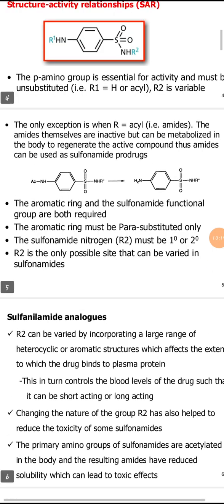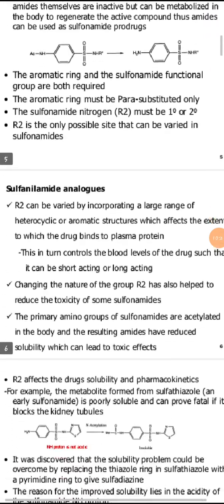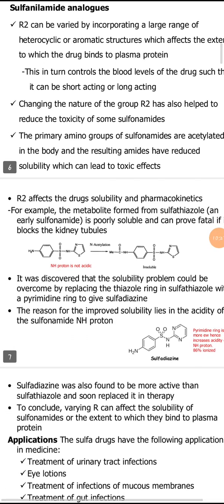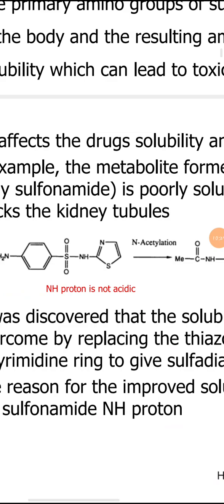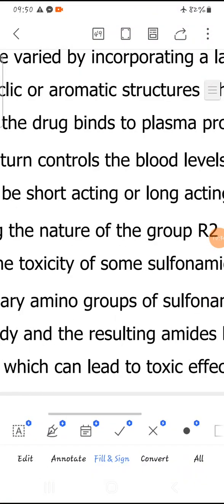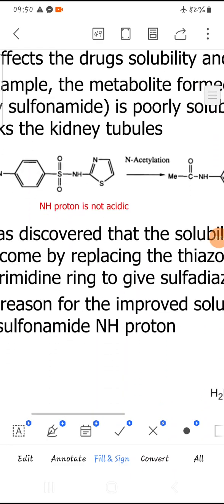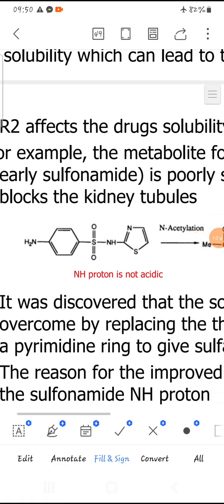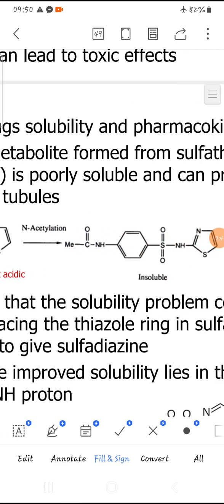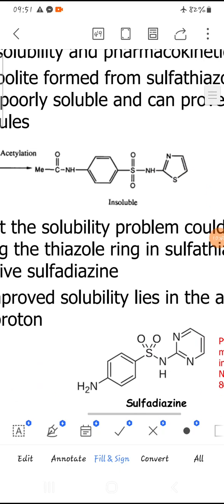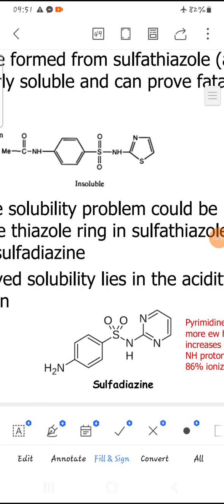Therefore, in the structure activity relationship of sulfonamides, there are some groups that have been discovered. For example, here we have the compound known as sulfathiazole. Sulfathiazole is a toxic compound. When sulfathiazole is acylated, it produces an insoluble compound, which is not soluble in the body and can cause toxicity.